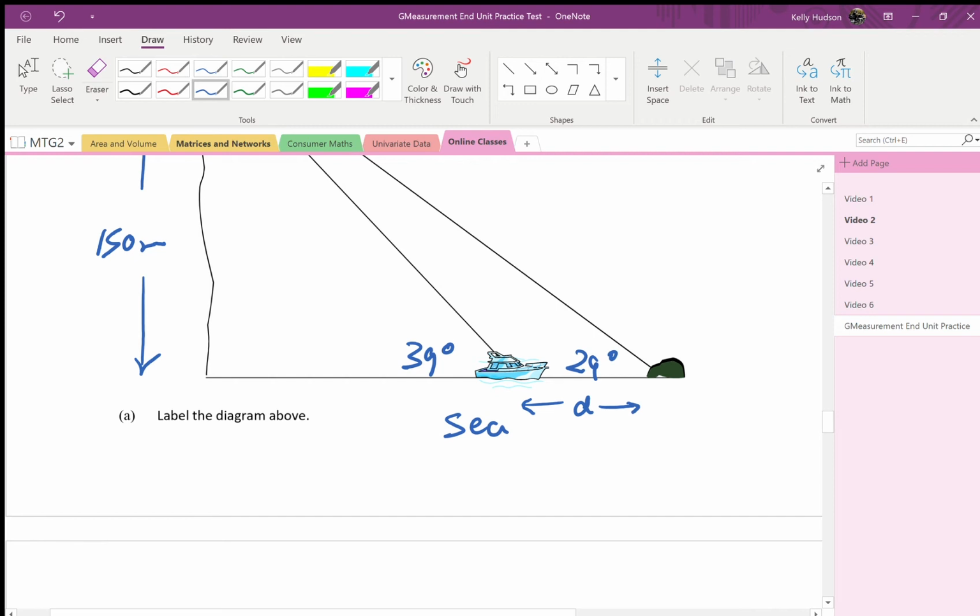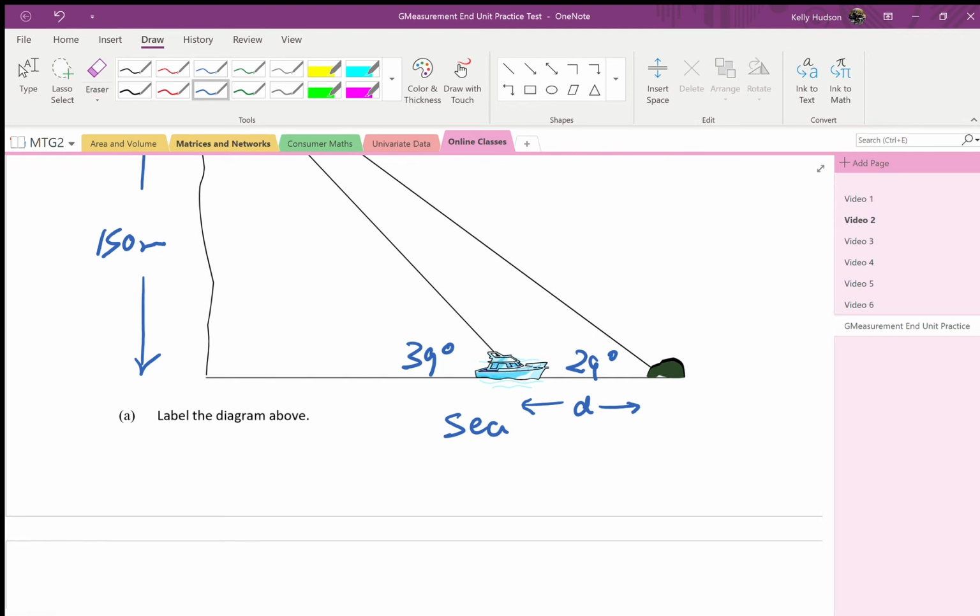Alright, so to do this problem, we need to do it in two steps. We need to first of all find out how far the boat is from the wall, or the rock wall. Then we need to find out how far the rock is from the rock wall, and then we need to take the two away.